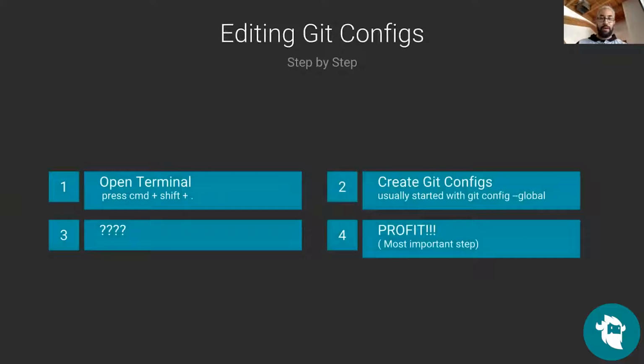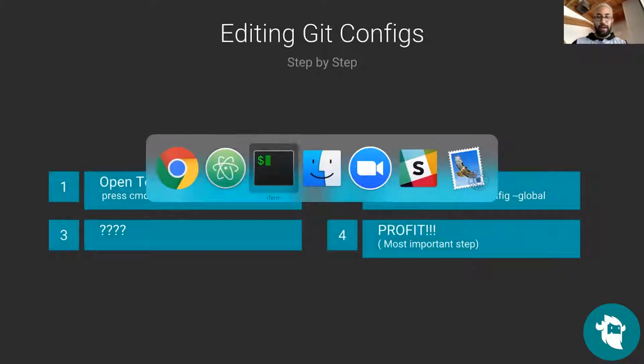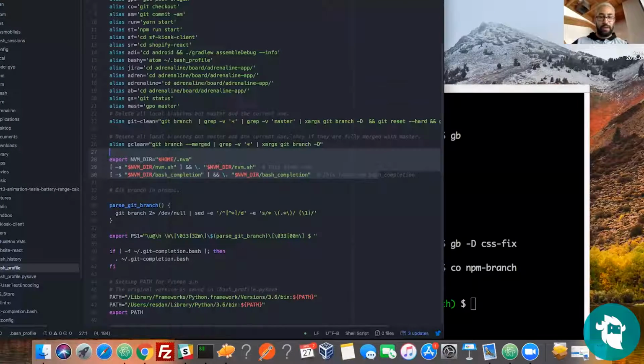So again, very similar to the other 2. The only difference is that you don't save those in the same area that you save the aliases. So you can see that I don't have any Git configs in here. I do have some stuff for bash functions and saving the Git branch.